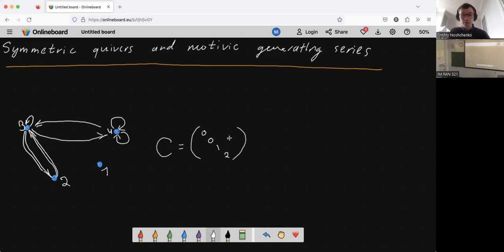So one can simply think of such quivers as combinatorial objects, and why we are eventually interested in such objects is because there's a very rich structure, and we want to define some Q-series, a generating series based on the quivers, and let me just proceed with derivation of such a Q-series.